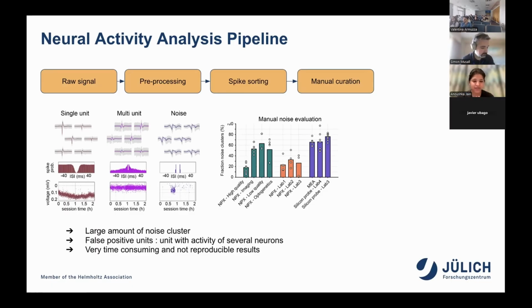It's still time consuming, and the results are not reproducible, because some labs have very strict ways of saying this is a single unit, but in some labs they can be a bit lenient. It also depends upon the kind of experiments they're doing.